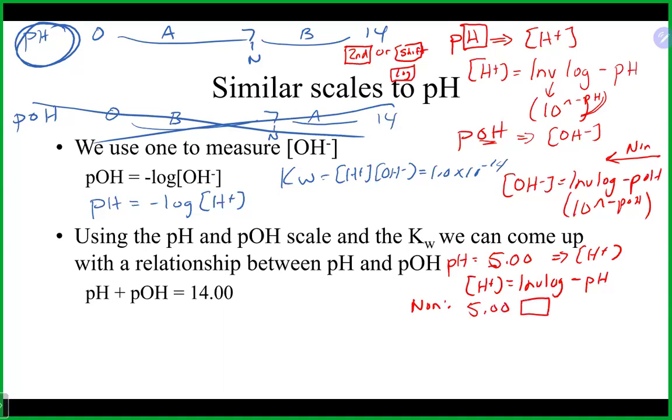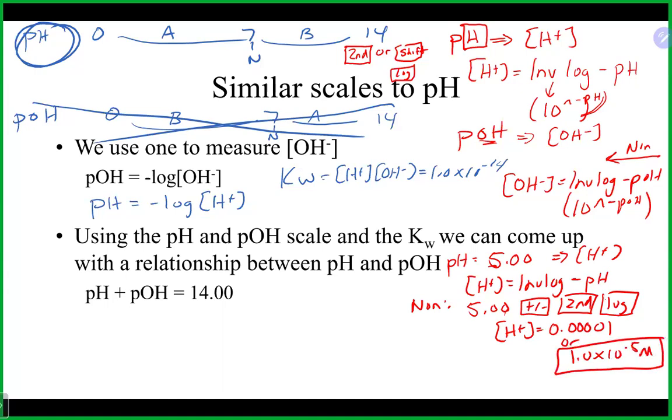Then you would hit the negative button to make it negative. Then you would hit the second button, and then the log button. So that would be the way that you would do it on your calculator: 5, negative button, second, and log. And it will get you your H plus again. On your calculator, it will probably display it in non-scientific notation, that is 1 times 10 to the minus 5 molar in this case.